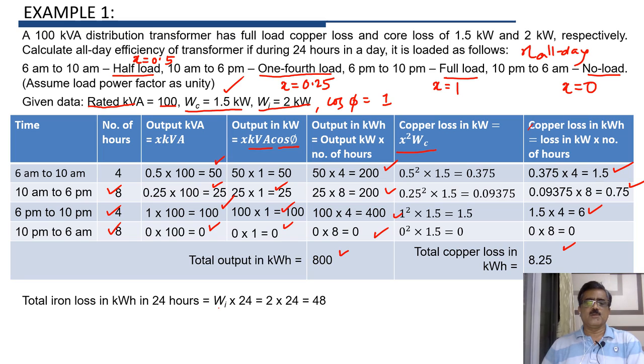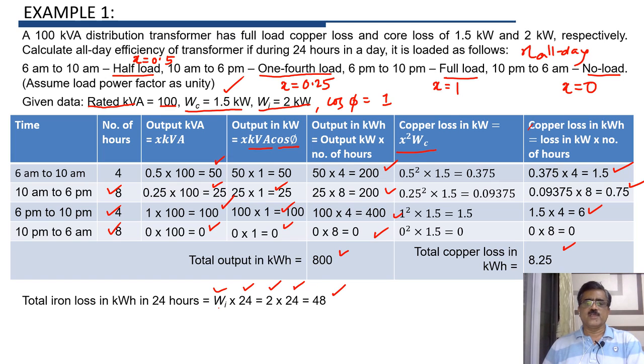So it is Wi into 24. Wi is given as 2 and number of hours is 24. So 2 into 24, which is equal to 48. So iron loss in kilowatt hour is 48.